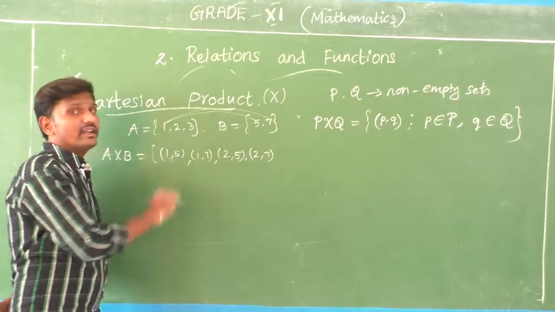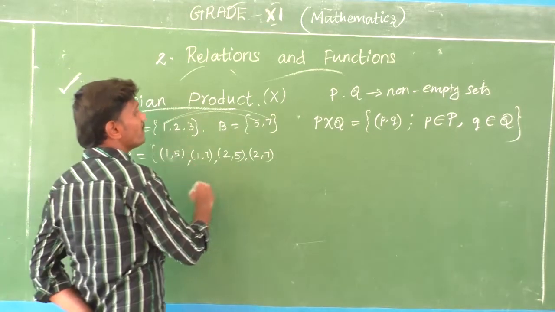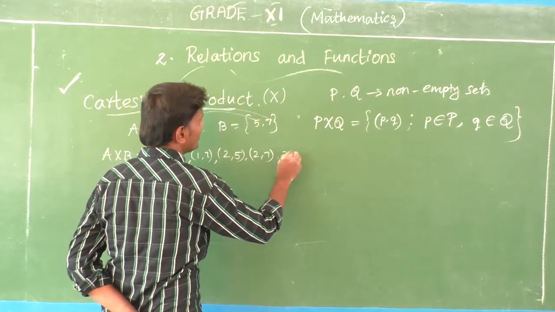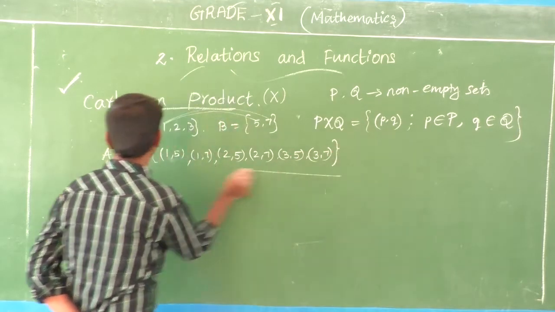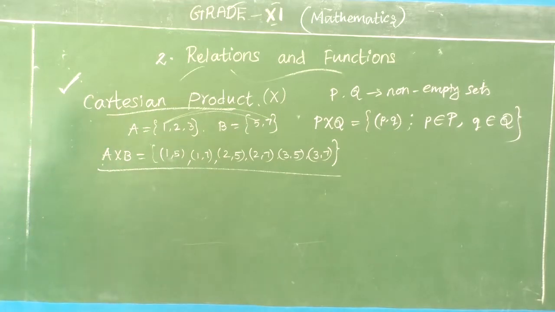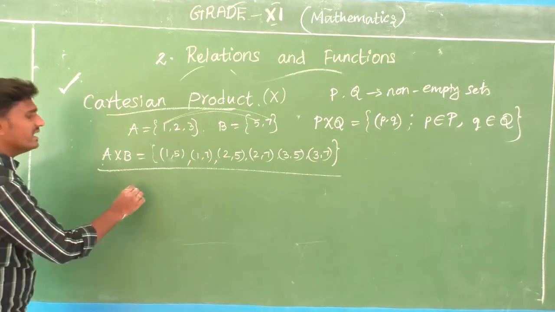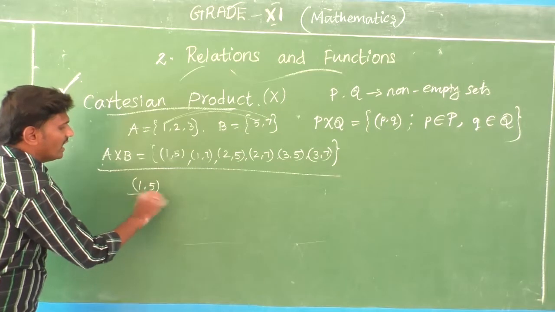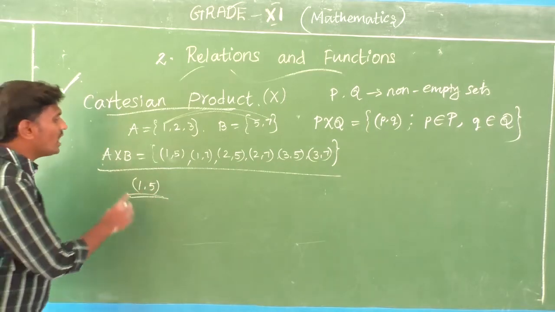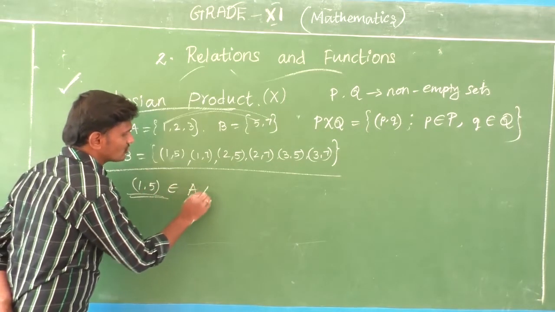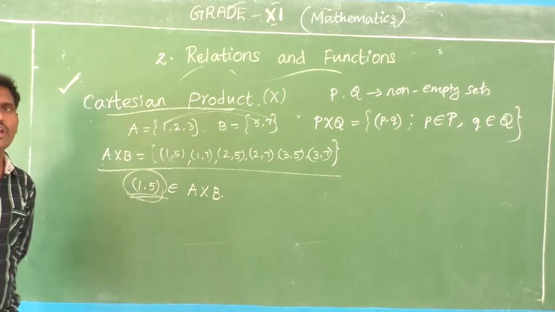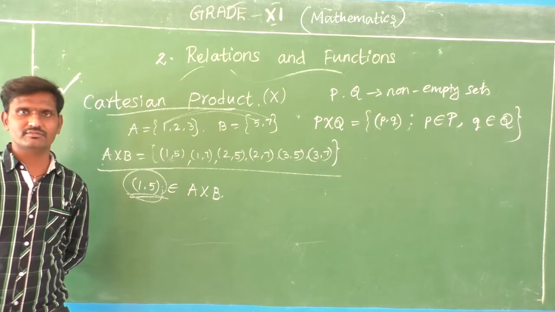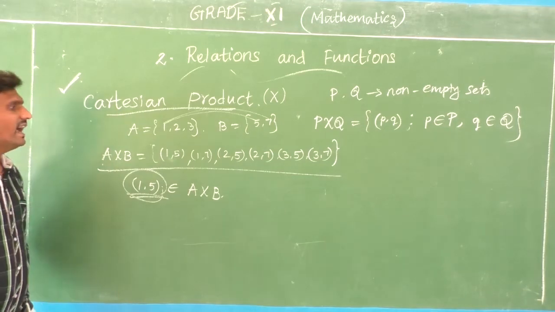Then the third element of A is paired with B: (3, 5), (3, 7). This is called the Cartesian product. Here each and every ordered pair belongs to A cross B, so it is a set of ordered pairs. Okay, have you got it?